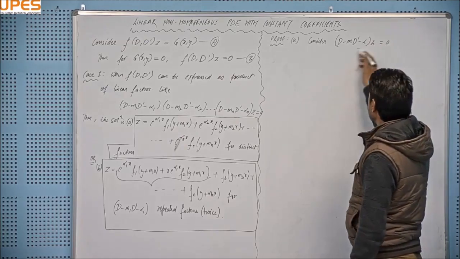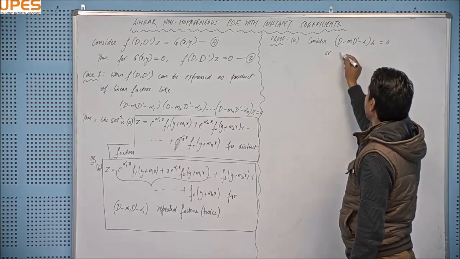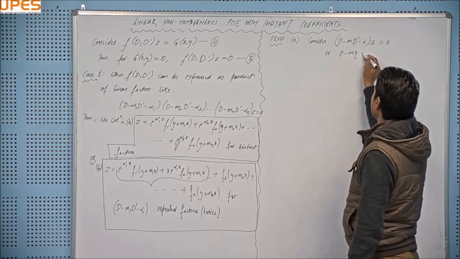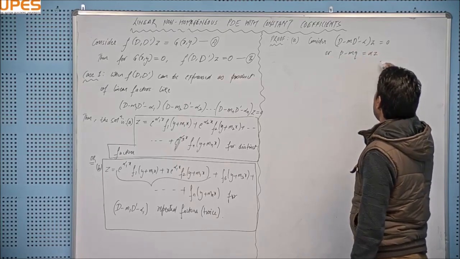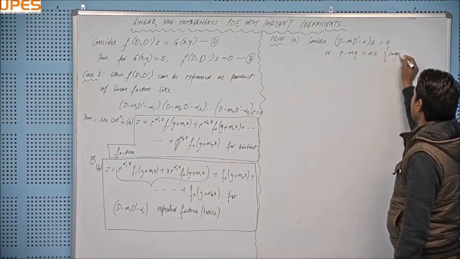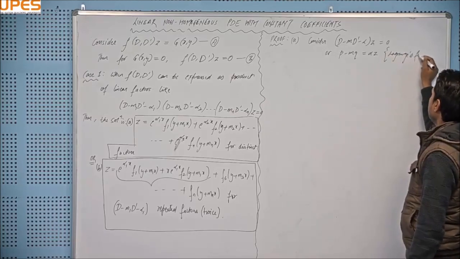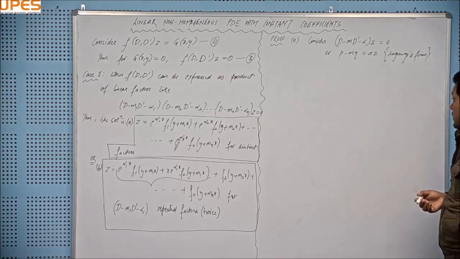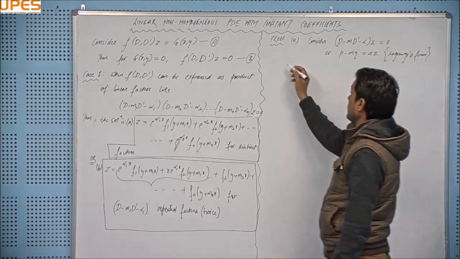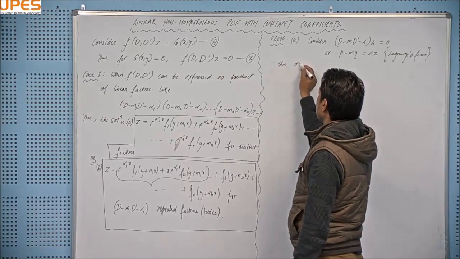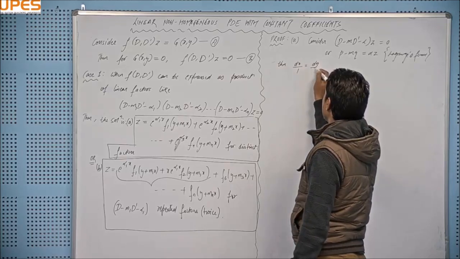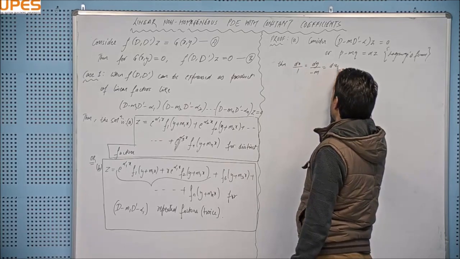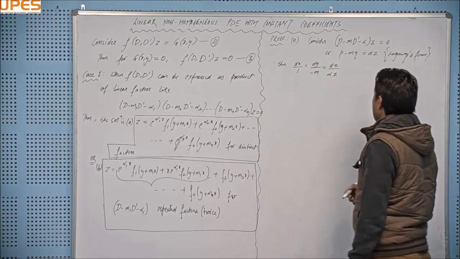Then I can write it as p minus mq equal to alpha z, and you know that this is Lagrange's form. And since you already know how to solve this equation, you write the Lagrange's subsidiary equations: dx upon 1, dy upon minus m, and dz upon alpha z.